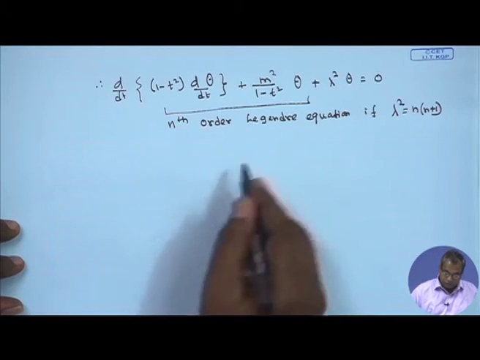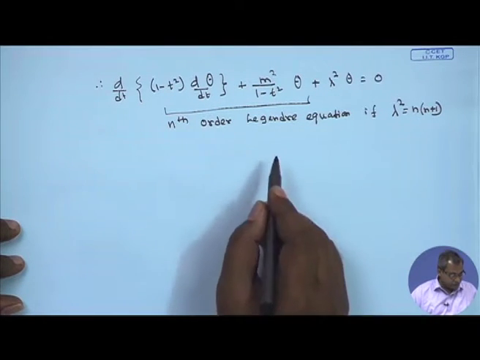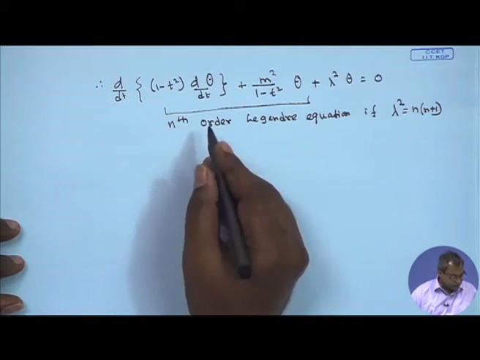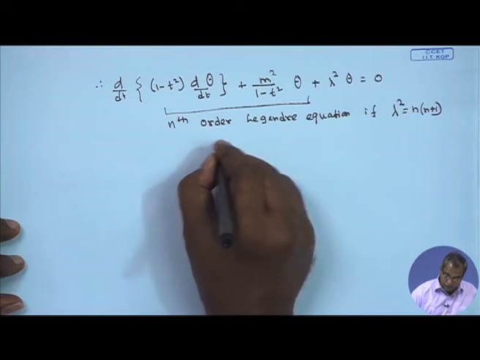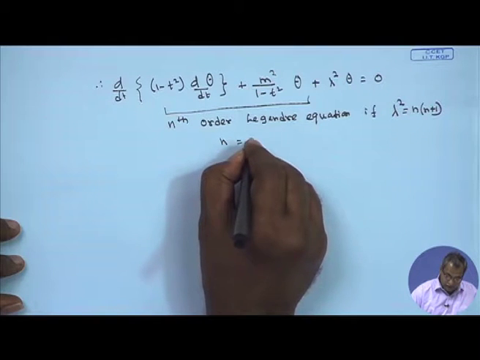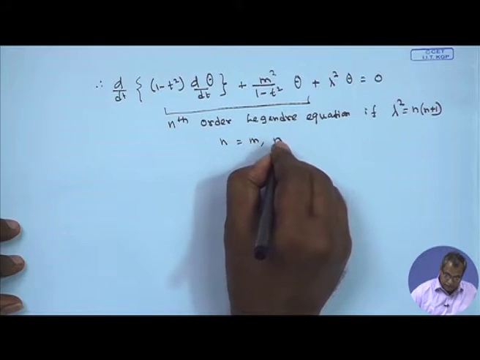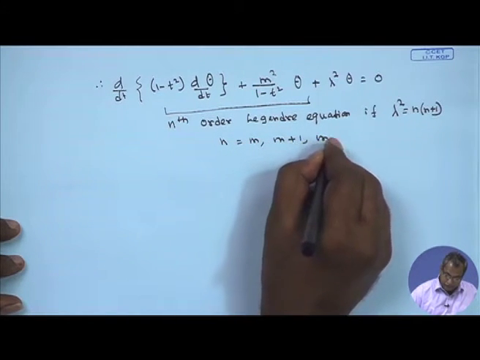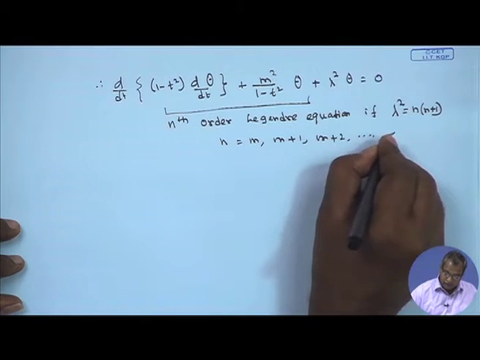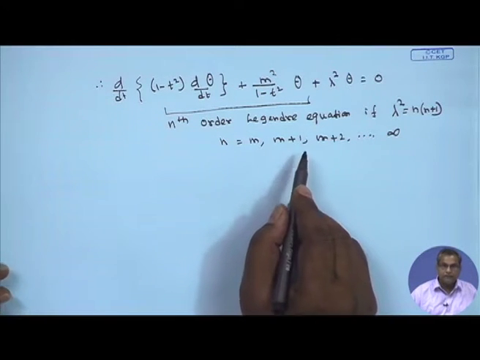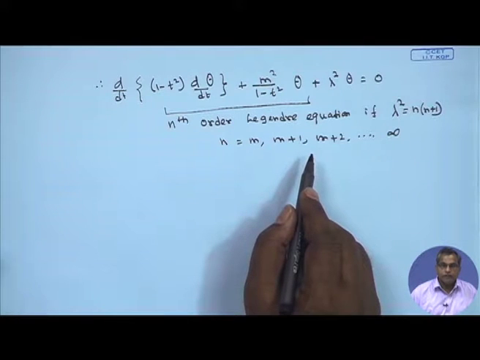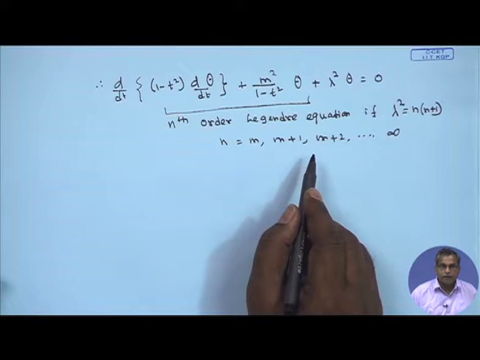So, if we put lambda square is equal to n into n plus 1, then this will be nothing but the nth order Legendre equation, and n is m plus 1, m plus 2, up to infinity, where m is basically the eigenvalue that we talked about when we were solving the phi direction.